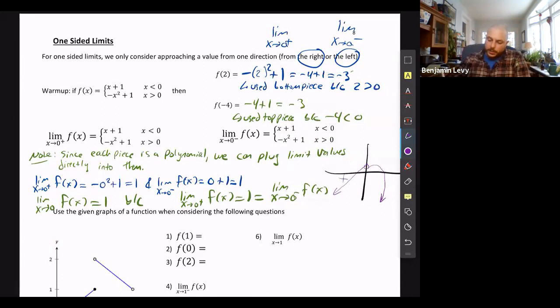This is the x plus 1 part. This is the minus x squared plus 1 part. Let me redraw the second half. It's more like this.